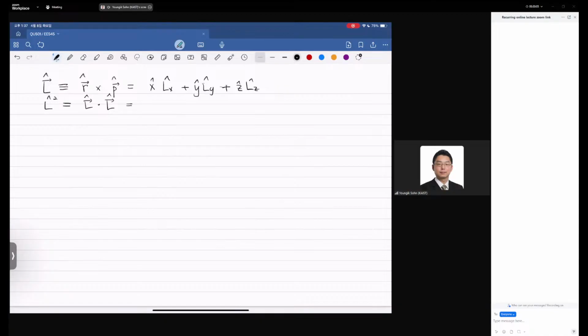It's like a length squared, but it applies to an operator too. It gives you the exact same expression as we usually do for a regular vector, except these are operators. You apply Lx twice, Ly twice, Lz twice, and then add them up. That's the L squared operator. So remember this definition, otherwise it's too confusing.